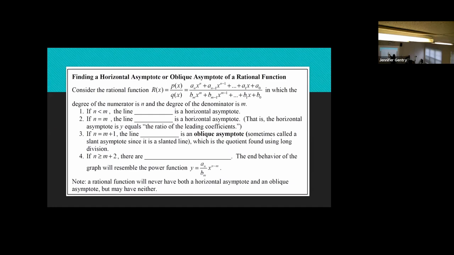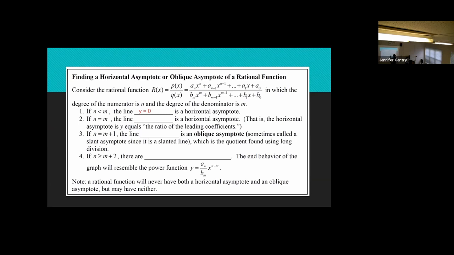I've got P over Q equals X to the N over X to the M. What we are really looking at are what those exponents are, M and N. If N is less than M, your denominator is bigger than your numerator, your asymptote line is going to be y equals 0 for horizontal. So if you have a larger exponent on the bottom than on the top, y equals 0.